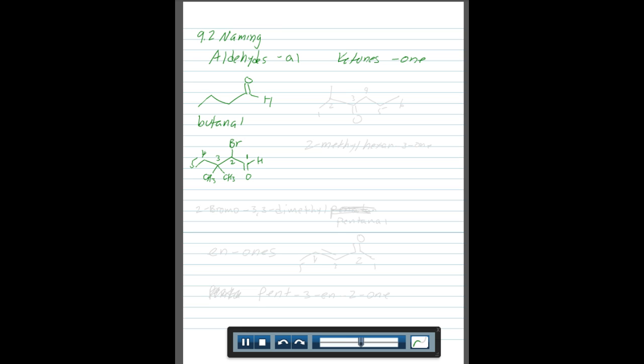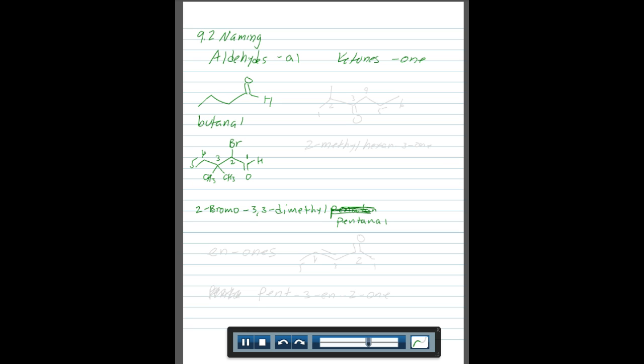All right, so this would be called 2-bromo-3,3-dimethyl, and we have 5 carbons, so it's pentanal. Okay, so that'd be the name of that compound.